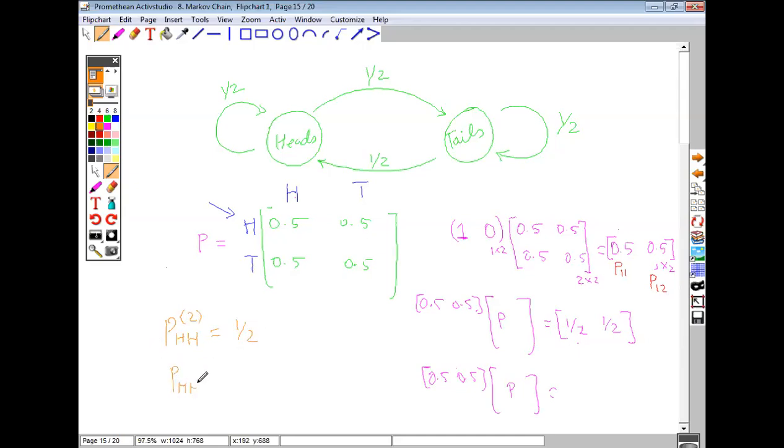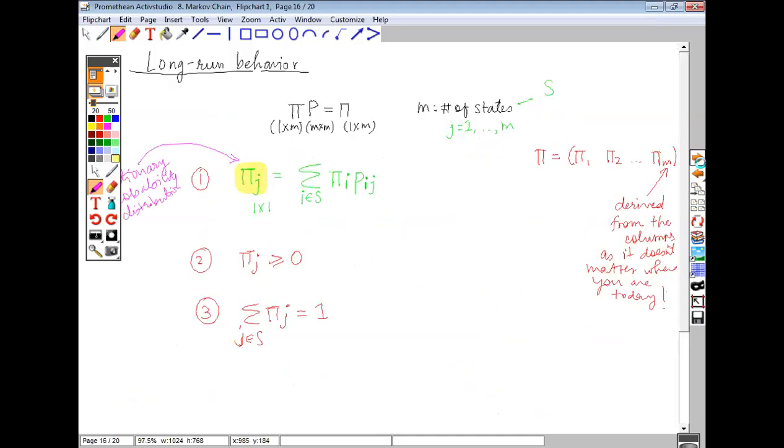And if you also have a look at P_HH at n time steps with limit n going to infinity, that is still going to be half, which is equal to your pi H. And the H that I have written over there comes from this H.